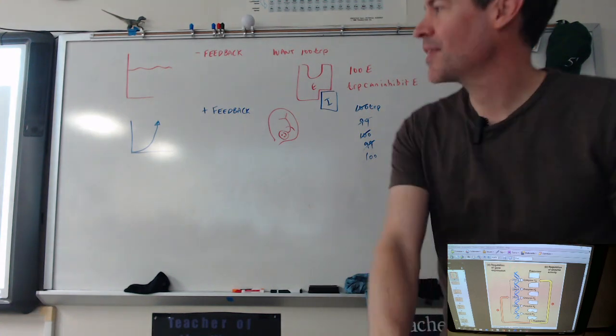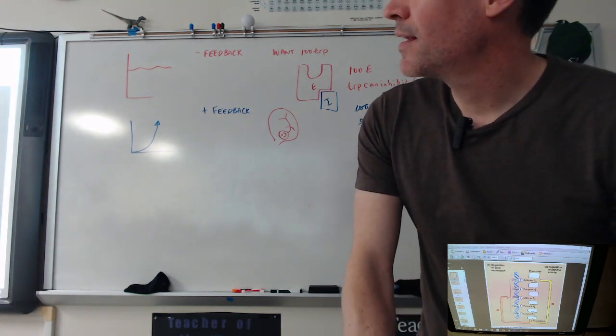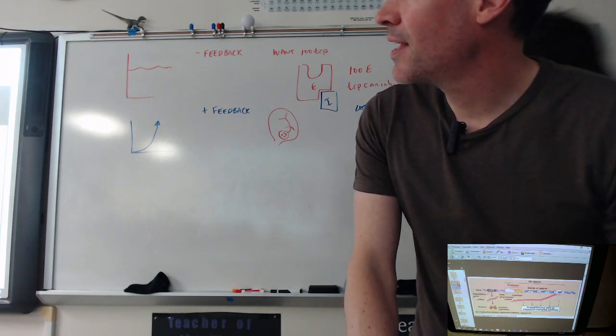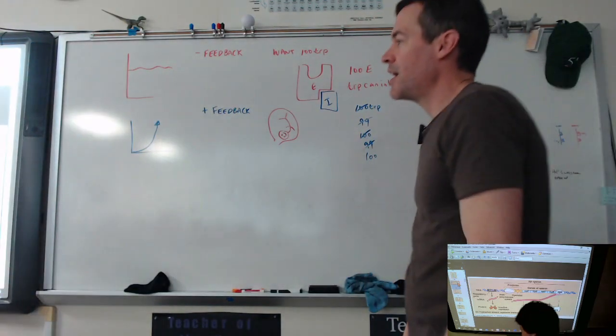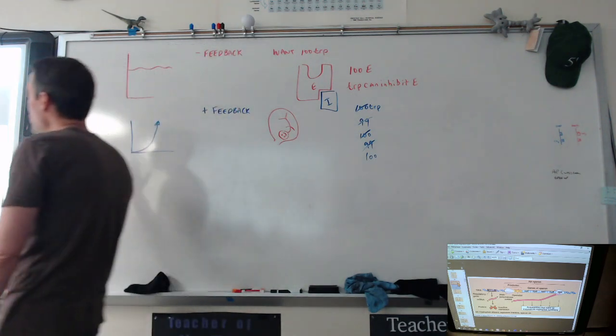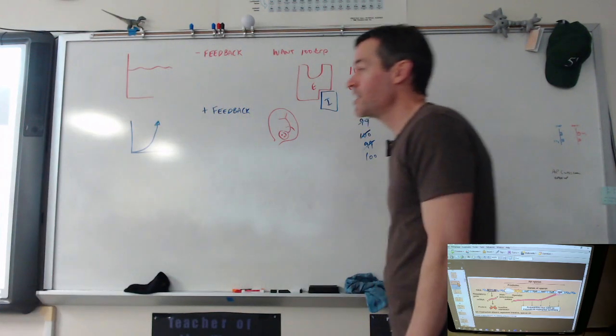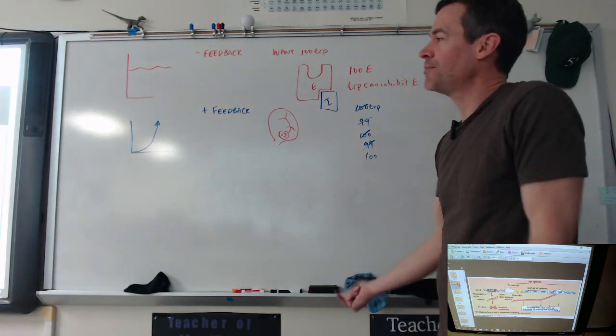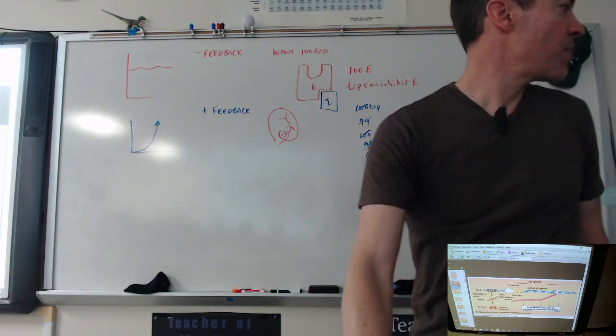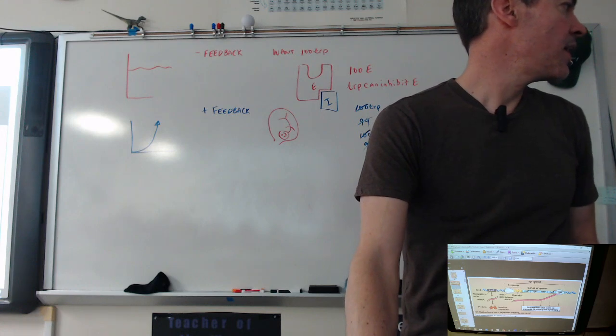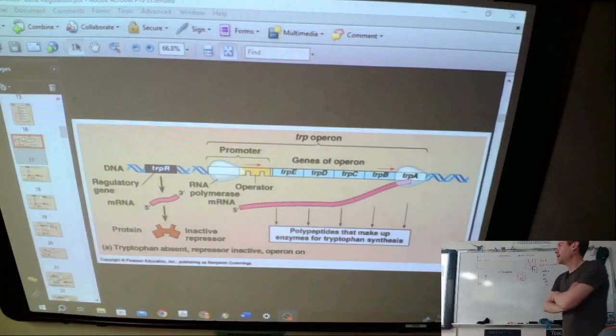All right. So here's the nice thing. If I look at how gene regulation works in prokaryotes, this is what the pictures are on your page. Most of it you already know. If I look up at that picture, I see a promoter.